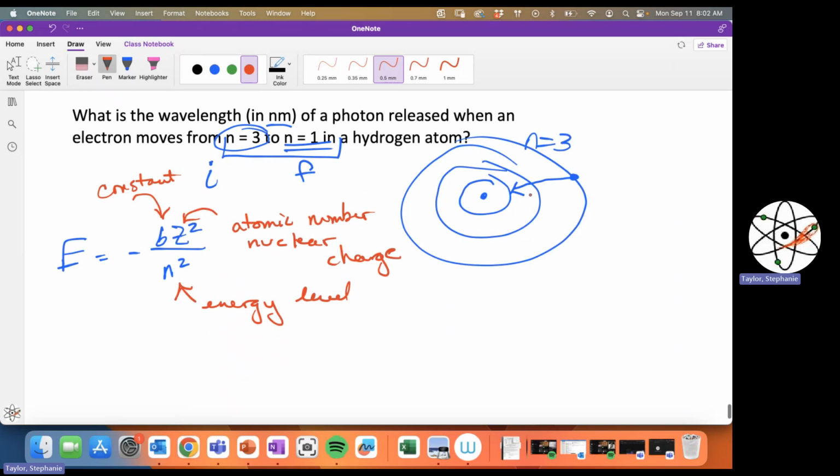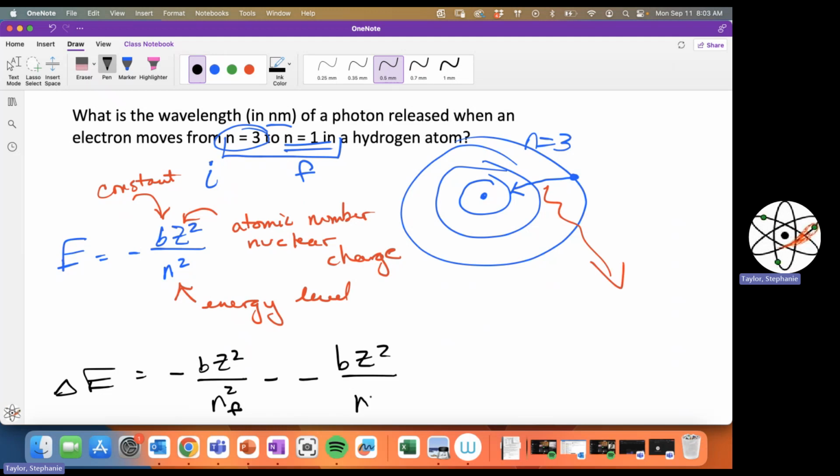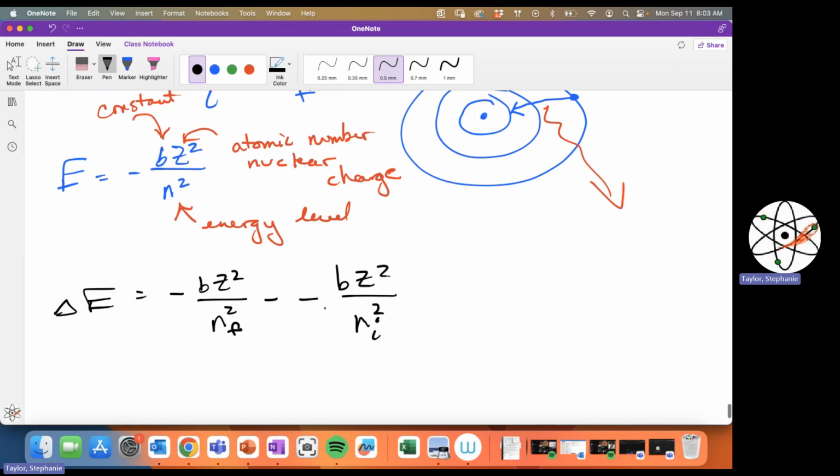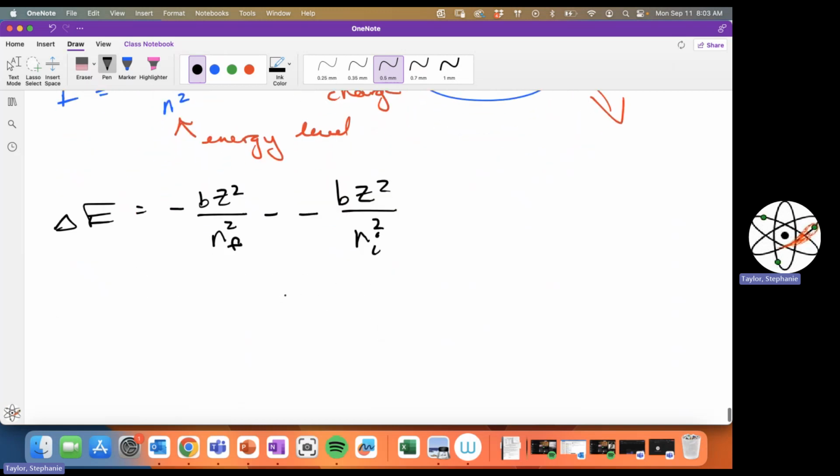That's because in order to calculate the wavelength of a single photon from this change, I need to calculate the change in energy. When I calculate the change in energy, this is going to be the difference between these. So this is going to be negative bZ squared divided by n squared final, minus negative bZ squared divided by n squared initial. I'm going to clean this up a little bit as I copy this down.